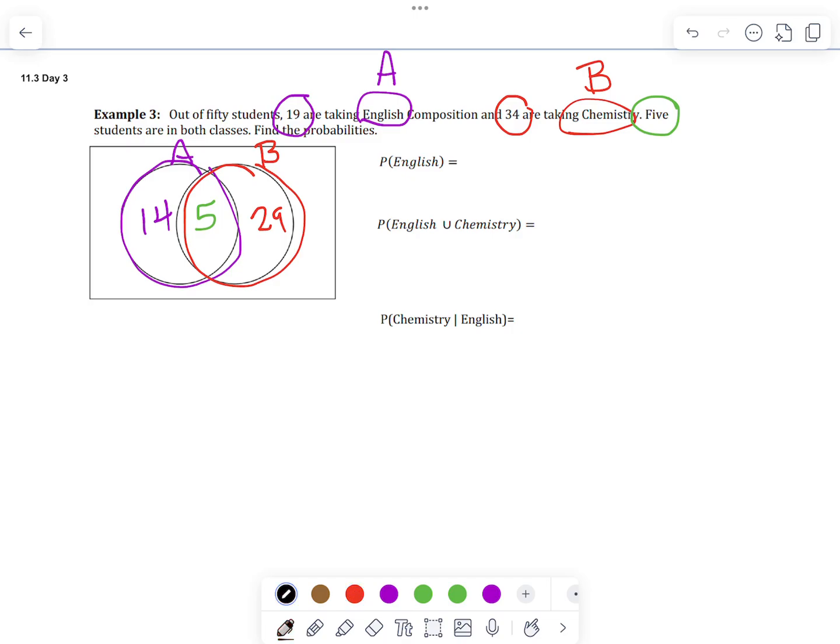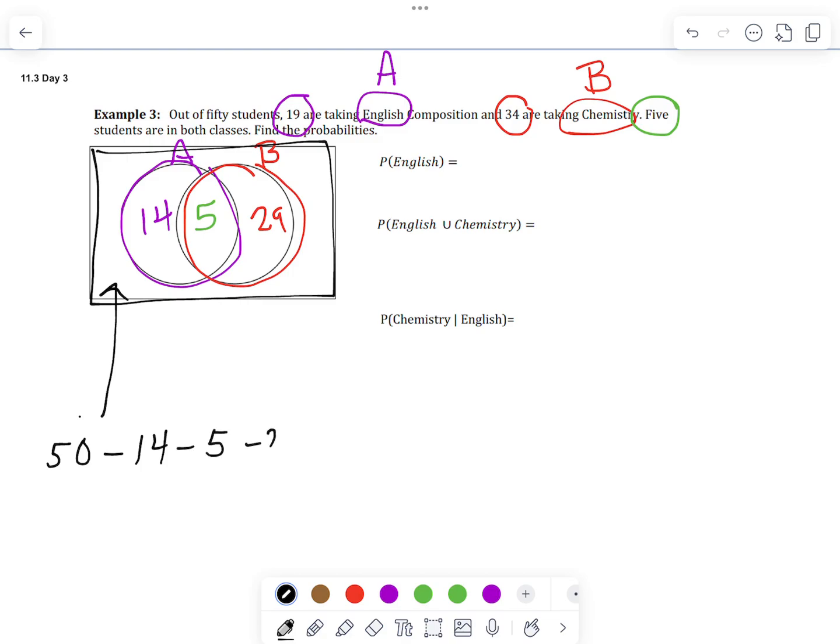And then the entire Venn diagram has to add up to 50. So what we do is we subtract 50 minus 14 minus 5 minus 29, giving you 2 left.